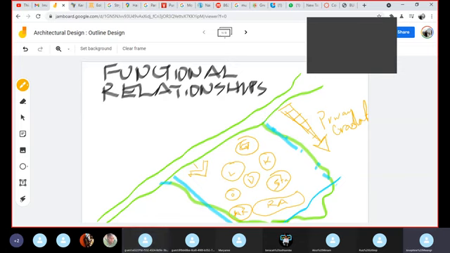So based on this, it's up to you to come up with different relationship diagrams. You may even decide to come up with a legend where you say, for instance, if between two spaces I'm using a line like that, that would mean maybe it's a strong relationship.